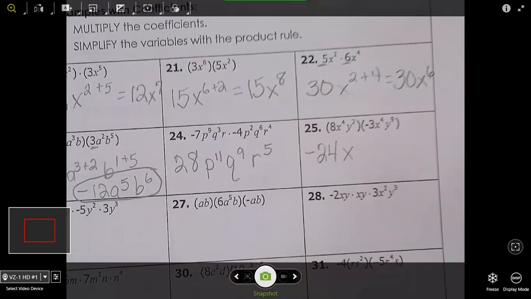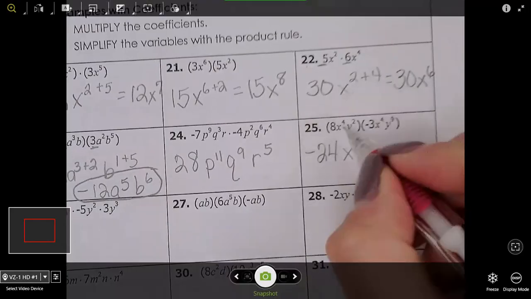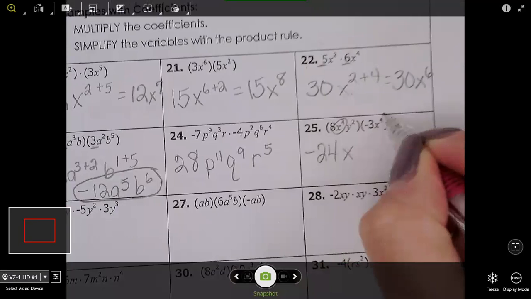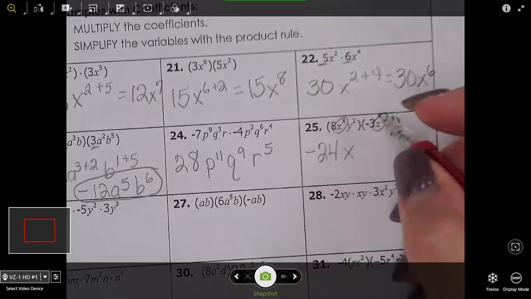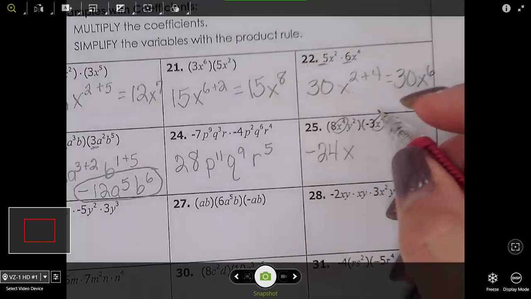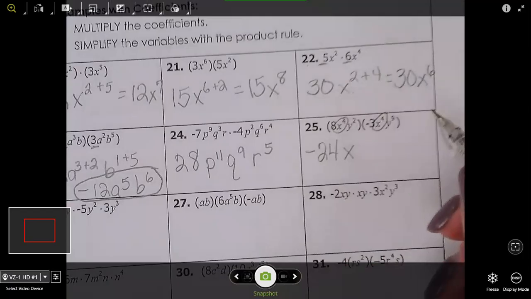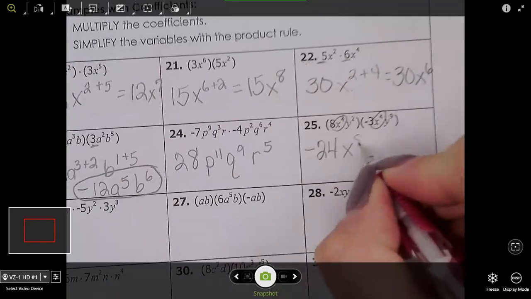X to the 4 plus 4. What's 4 plus 4? Yes, good job.